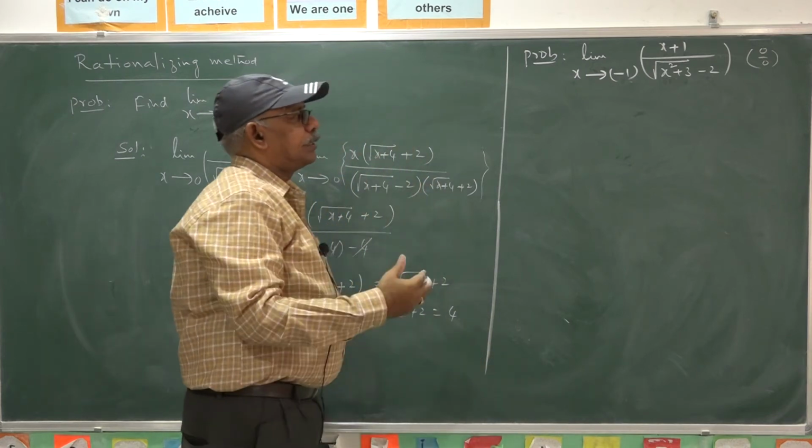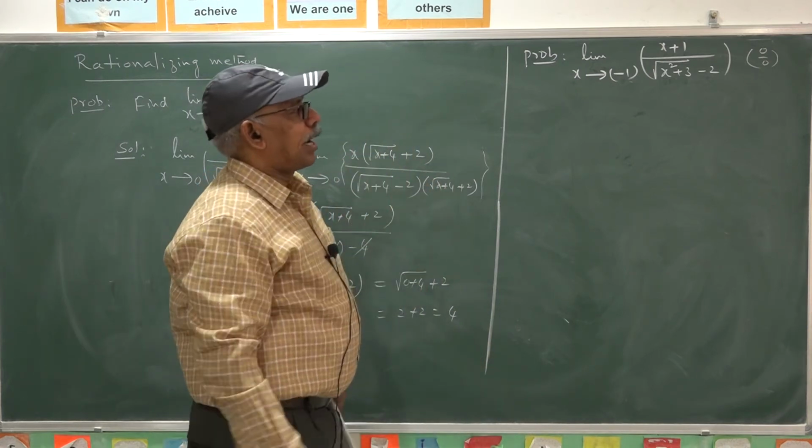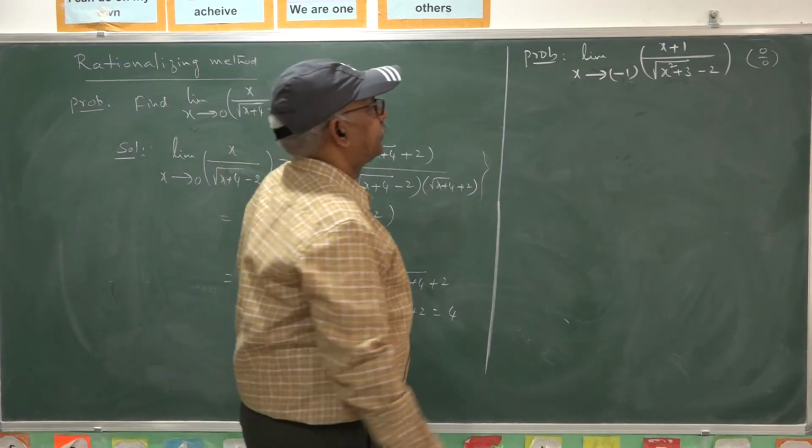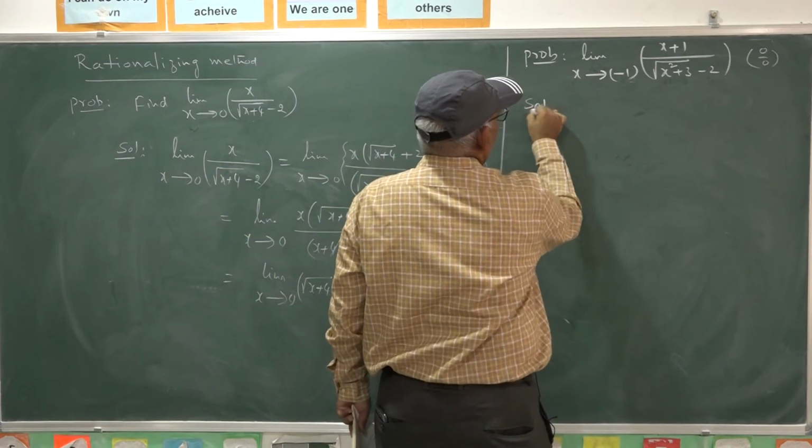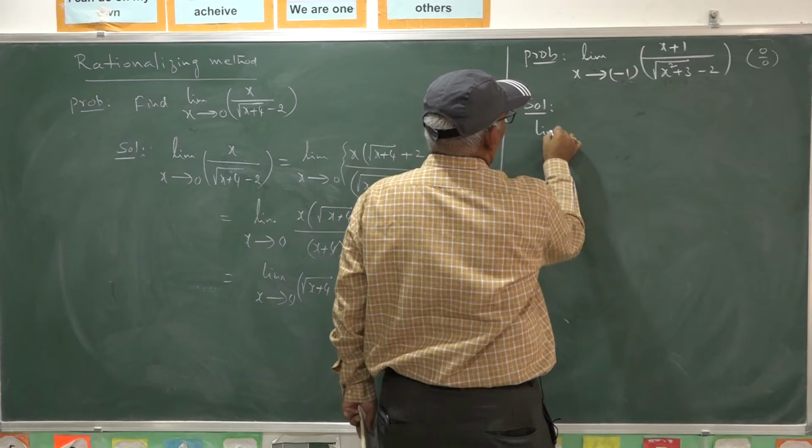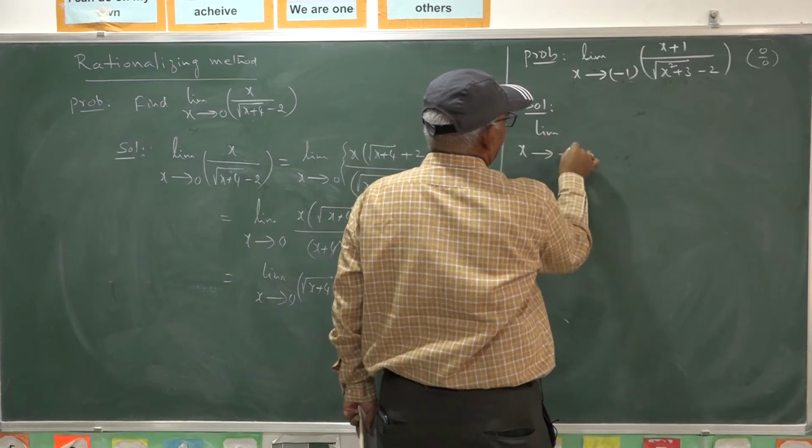In such a case, try to rationalize the denominator here. To avoid that indeterminate form, go through the rationalizing procedure.